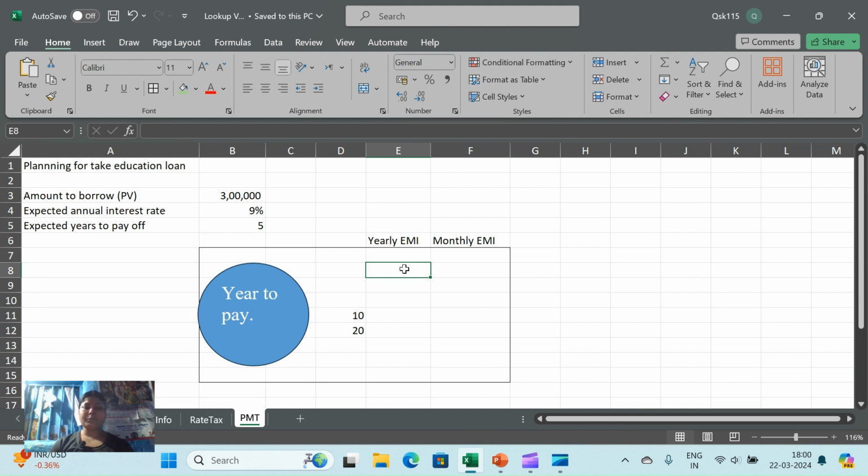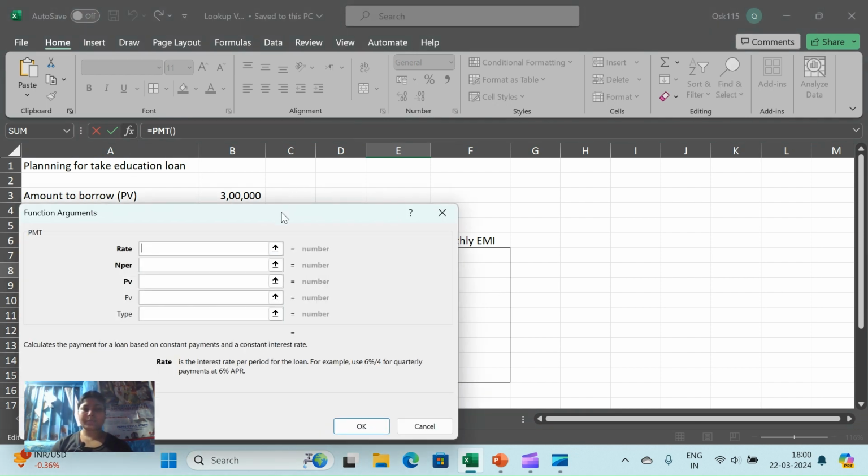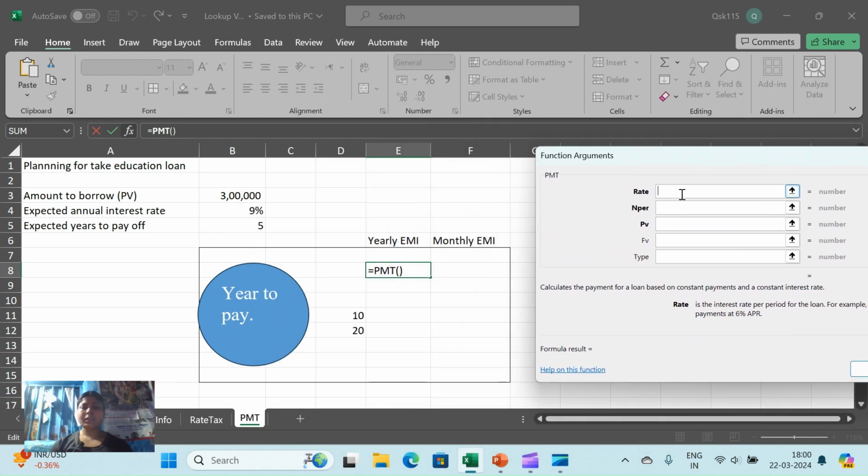For the PMT formula, we need to press equal to here, then PMT. Okay, press tab. Now open your insert function here. Now what we need is the rate of interest. The rate of interest would be 9%, and the number of years, which is 5 years.